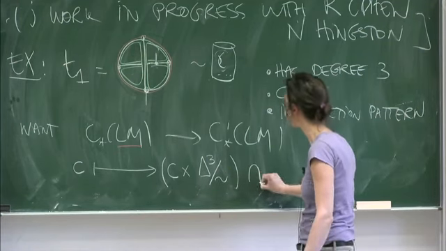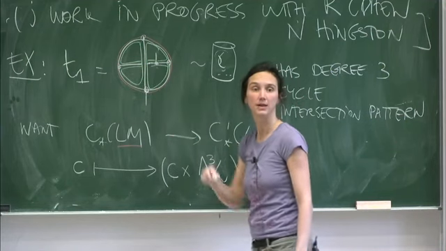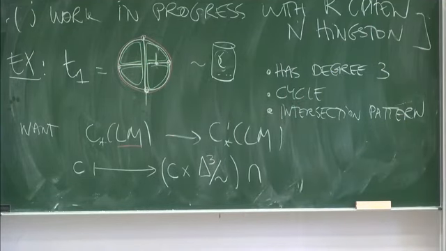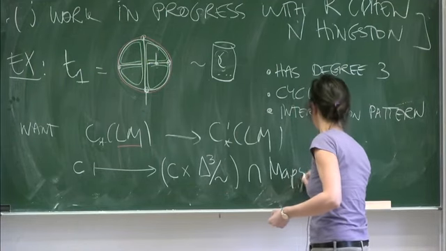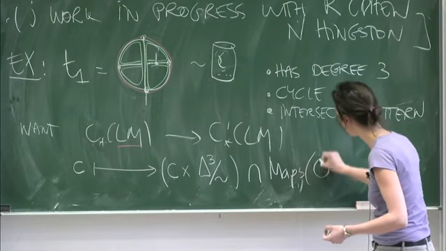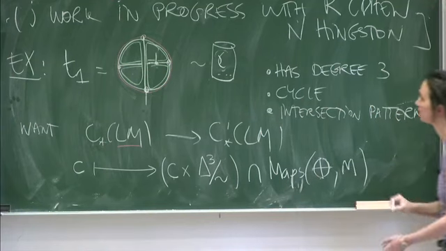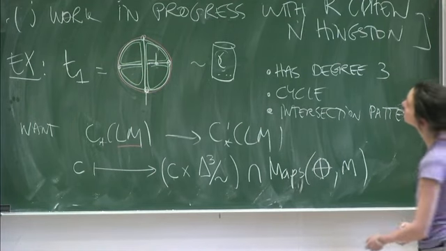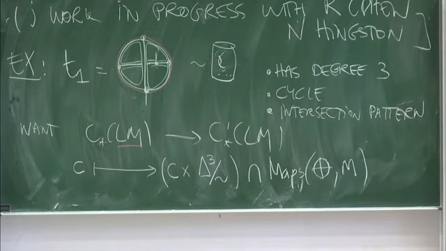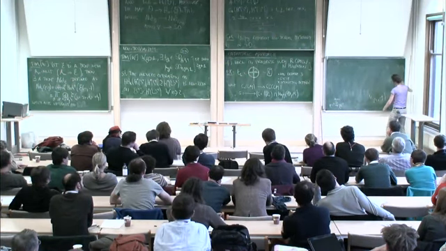Then I'll do this intersection pattern, which says I should intersect with loops that intersect in this manner, in the same way as we intersected loops that were a priori anywhere to loops that were meeting at a certain point. So maps from, I can't draw such an intersection for a loop, so I'll just draw it like this into the manifold. I should say more. So let me show you the 3-simplex to start with.